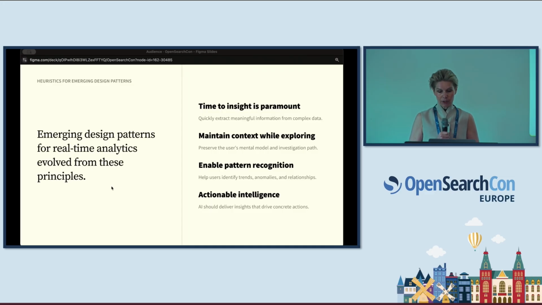Help users identify trends, anomalies, and relationships. And I would also include here some predictability of the interfaces that we are working towards developing. Ensure intelligence is actionable. AI should deliver insights that drive concrete actions. With the emerging AI suggestions, helpers, assistants, it becomes ever more important.